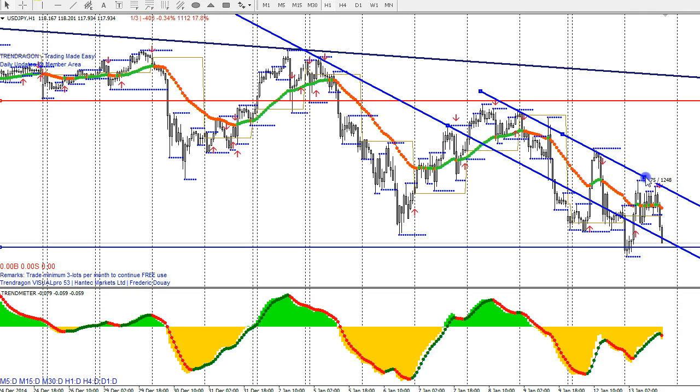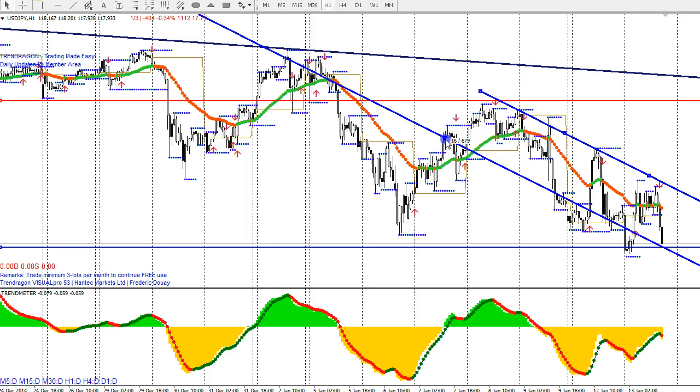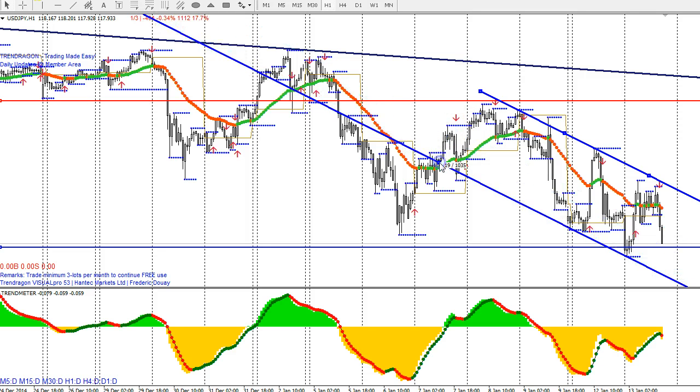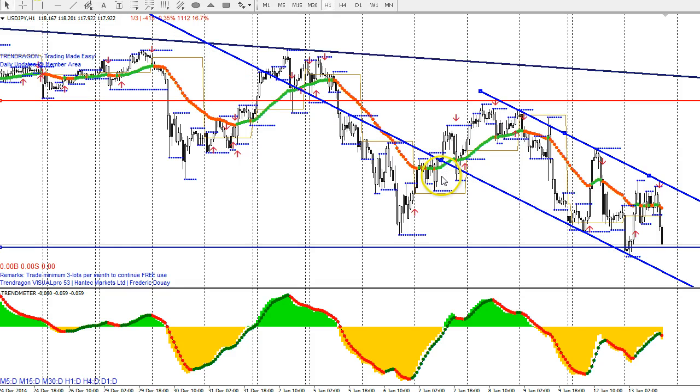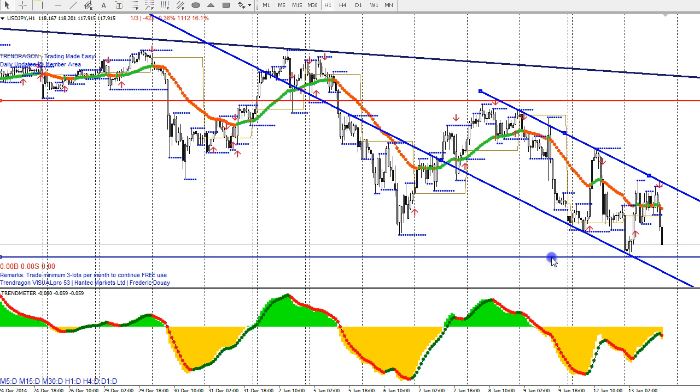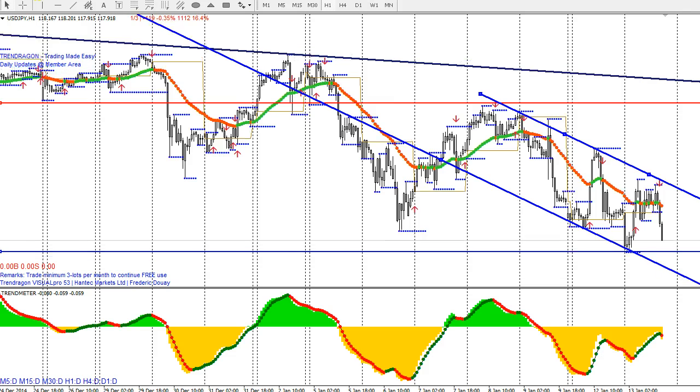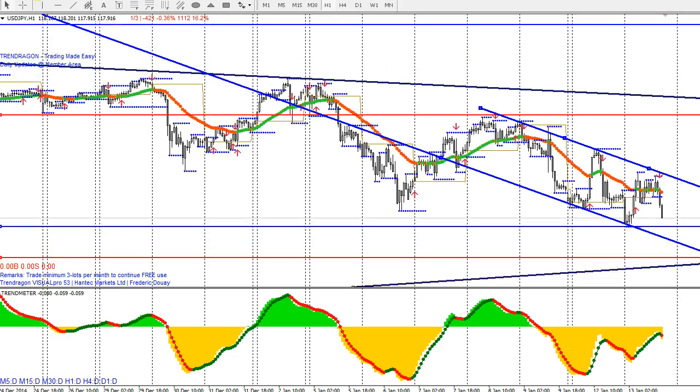It's not perfect, but it's pretty much where we would be. So right now it looks like the currency is following that downtrend channel, and the level on the downside to look at is going to be here, until it could go back up if it follows it.